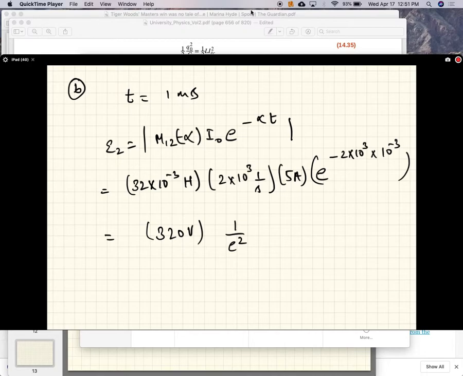So here's the deal. What you got to realize is, at time t equal to 0, the voltage is 320 volts. After 1 time constant, after half a millisecond, it is 320 by e. After 1 millisecond, it's 320 by e squared.